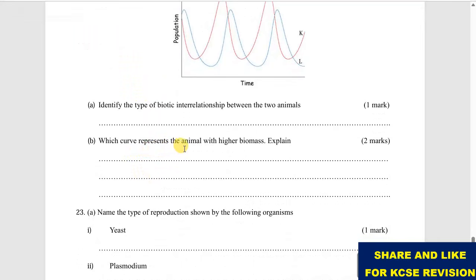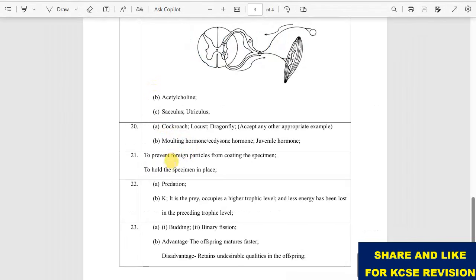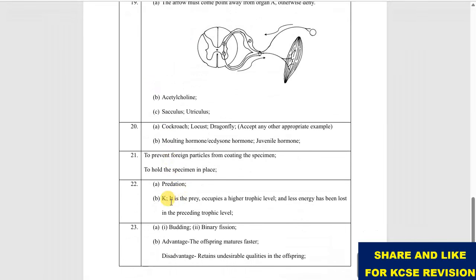Which curve represents the animal with higher biomass? Explain. K. Why? It occupies a higher trophic level and less energy has been lost in the preceding trophic level.